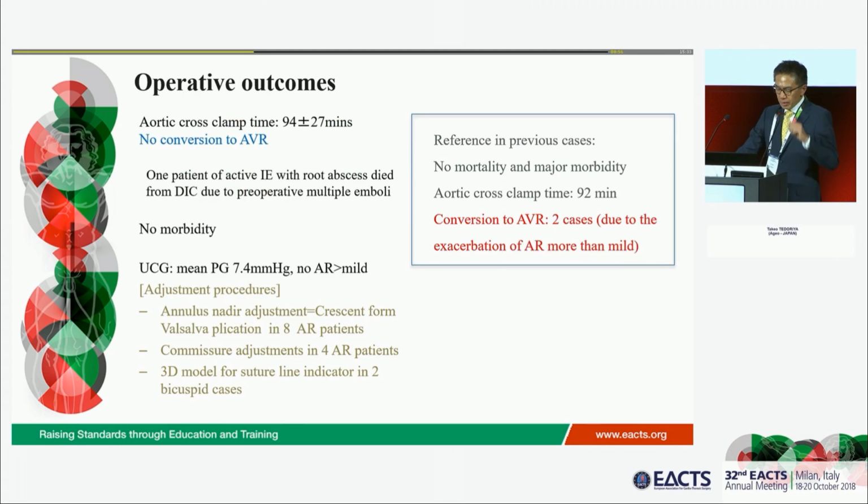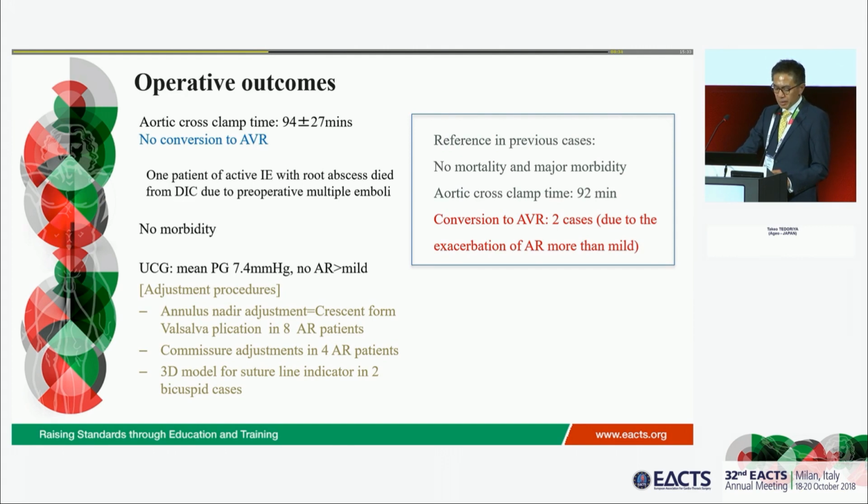So we did, as I told you, about 50 cases. We had 2 cases converted to AVR due to AR more than mild. But after we installed VR image analysis, we have no conversion to AVR.